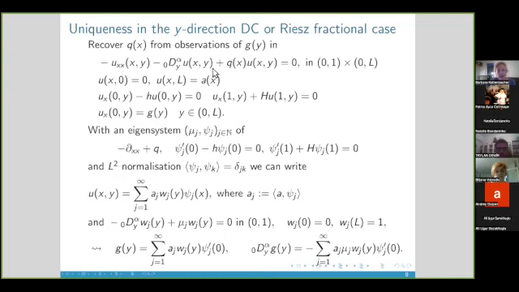But u xx minus q of x u, if you expand it in terms of the eigenfunctions, then it means that we are applying this x direction differential operator, and applying this to eigenfunctions results in multiplication of the eigenfunction with the eigenvalue.